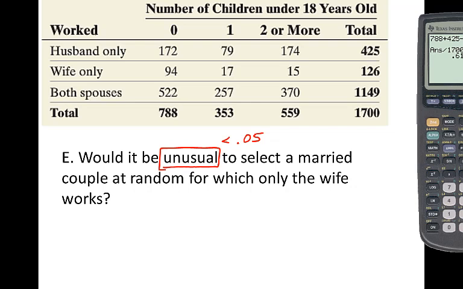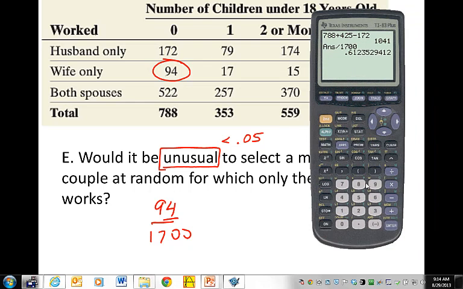Okay, so only the wife works is 94 divided by 1,700. So let's find out what that decimal equivalent is. 94 divided by 1700. 0.055.